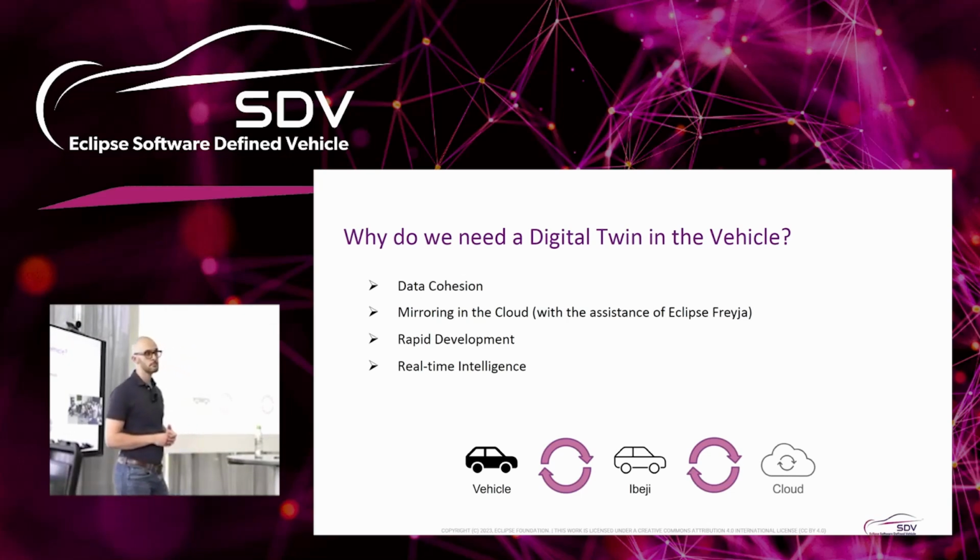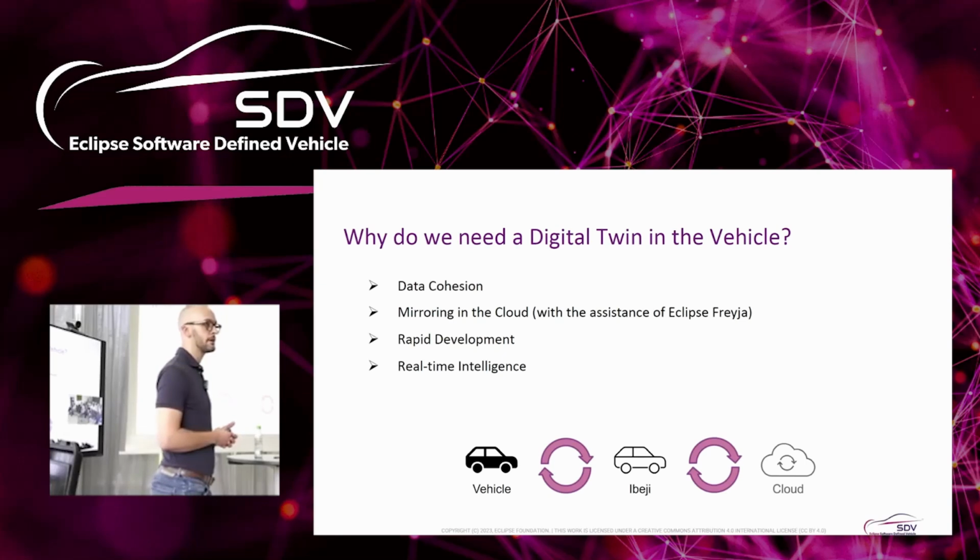A digital twin can be a central part in an otherwise distributed system where data and controls from different sensors and different actuators that are otherwise distributed in an environment can be aggregated or centrally accessed in one point, making it a unique opportunity to just access it in one area. You don't have to swarm all over the place to find the proper things. You can just use the digital twin. So it makes it a lot easier for software systems to interact with the otherwise distributed sensors and actuators in the car, for example.